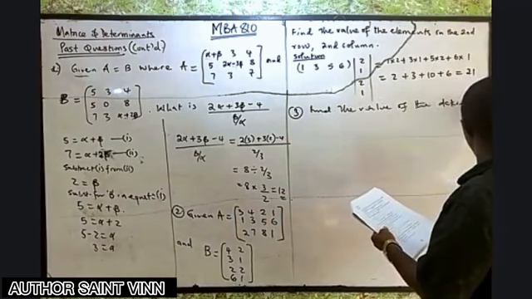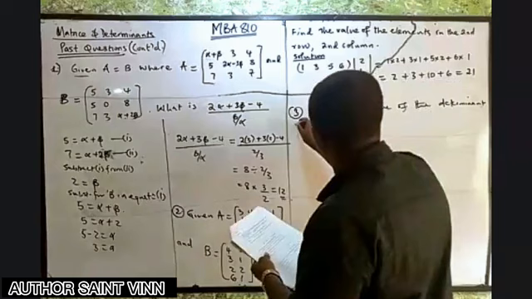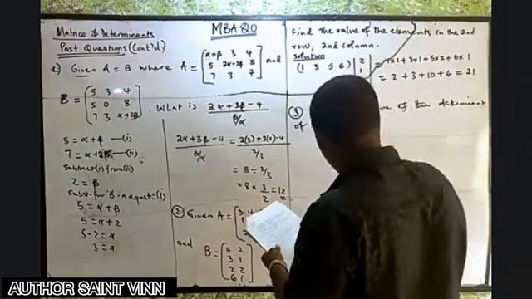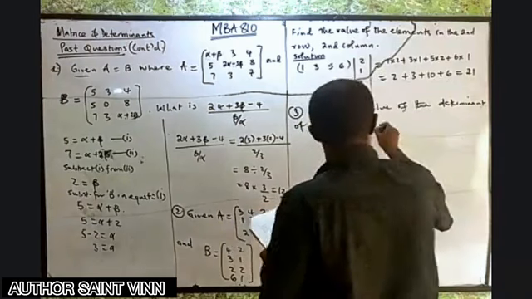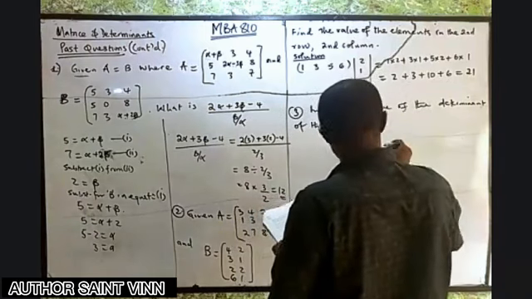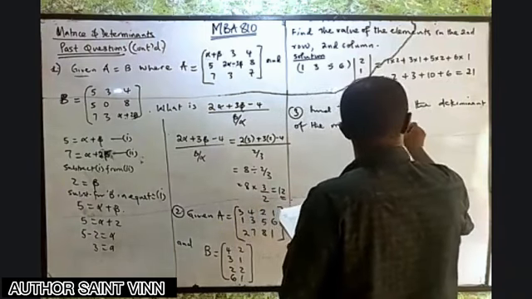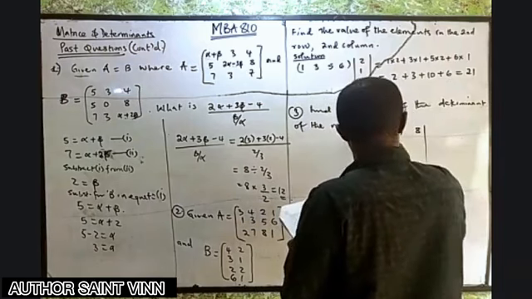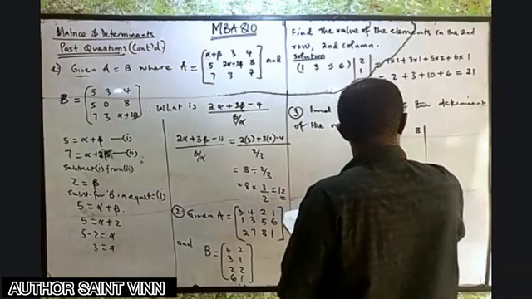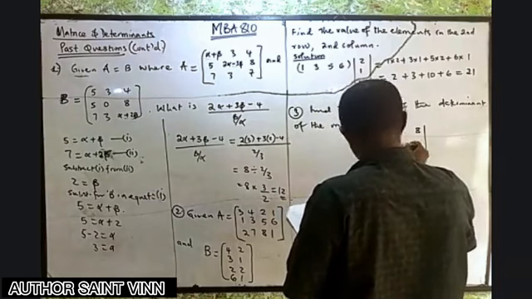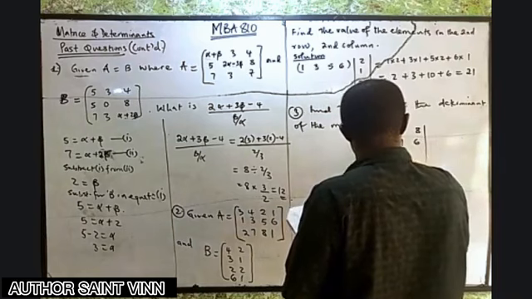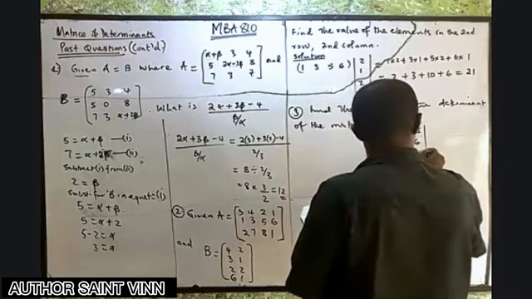Everybody will try it now. Determinant of the matrix. This is the matrix: -4, 7, 8, 0, 0, 9, 6, 0, 0, 8.